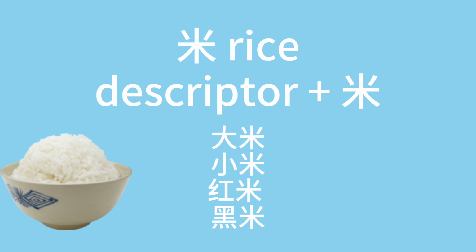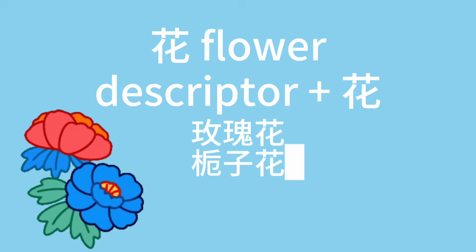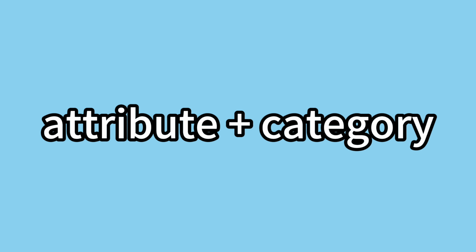And if the category is flower, 花, you can build rose flower, 玫瑰花, gardenia flower, 栀子花, pomegranate flower, 石榴花. This is how Chinese expands vocabulary. Attribute plus category.